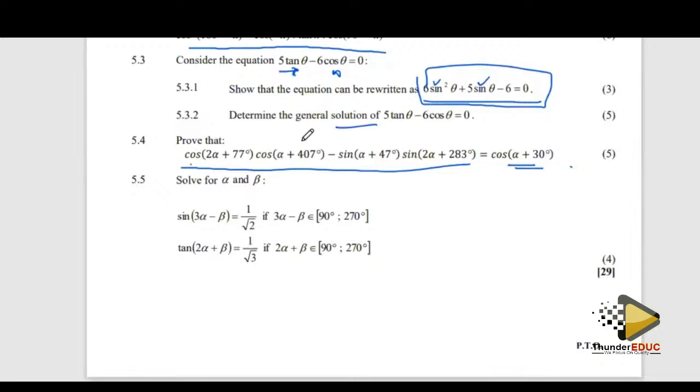This question was cut out, but it's fine, let's give it a try.